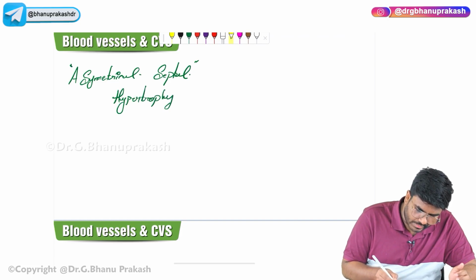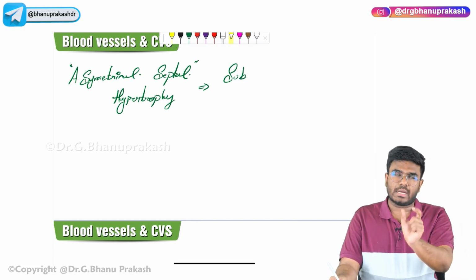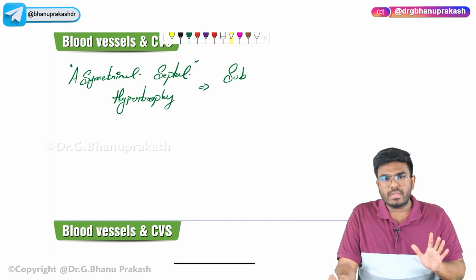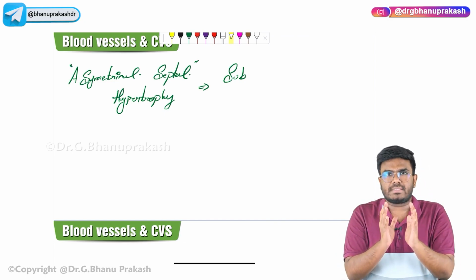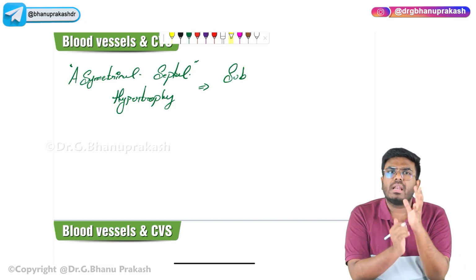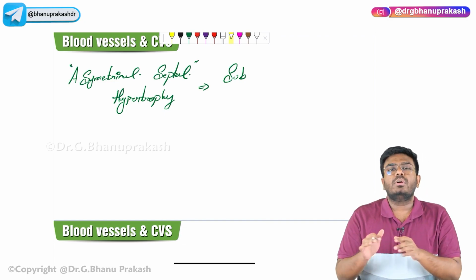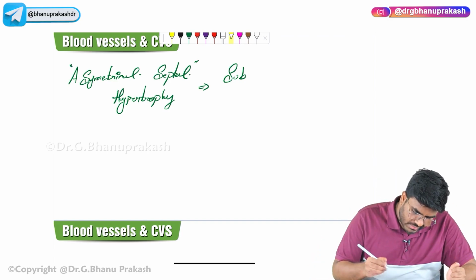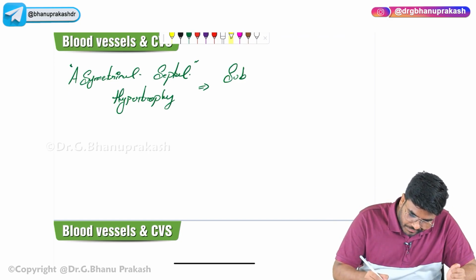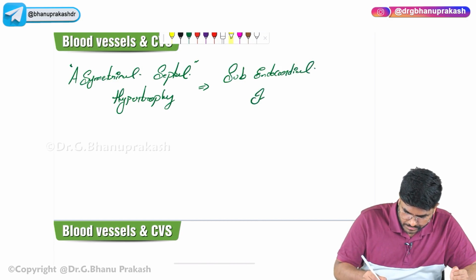We know that the subendocardial region in the heart is more prone to ischemia. Now in this condition, there are bigger, bulkier myocytes, bulkier tissue, which will demand and use up more and more oxygen. So that can cause a relative ischemic environment. Because of this asymmetrical septal hypertrophy, there is a chance of subendocardial ischemia.